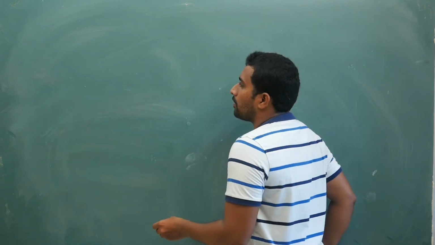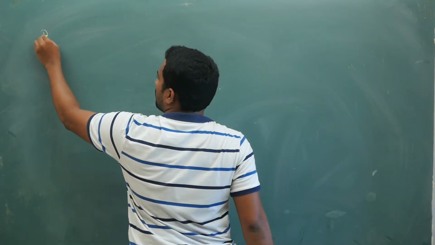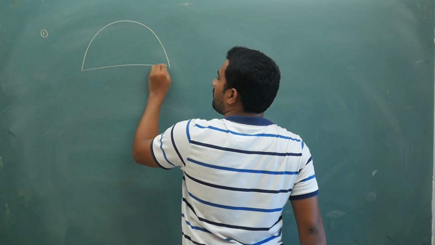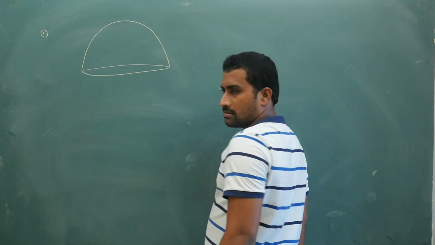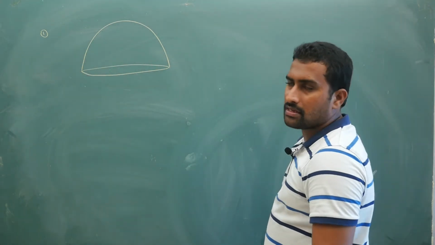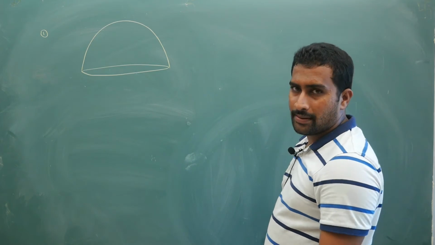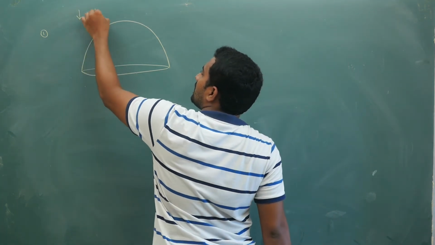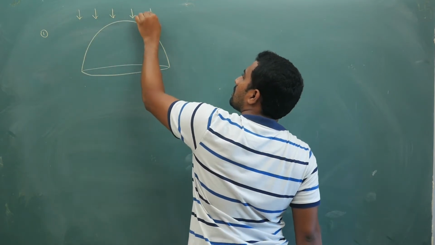As an example, let us say you have a fruit of this shape, some imaginary fruit, a lemon. Let us say your field is coming this way.